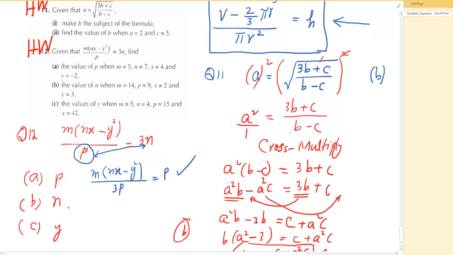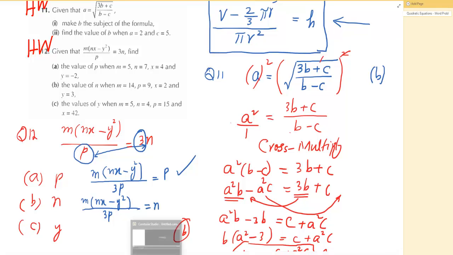First part is done. And in the second part, we have to make n the subject. So it is m, just bring this 3. Look here, n is the subject of the formula.